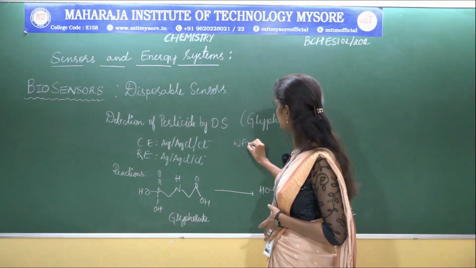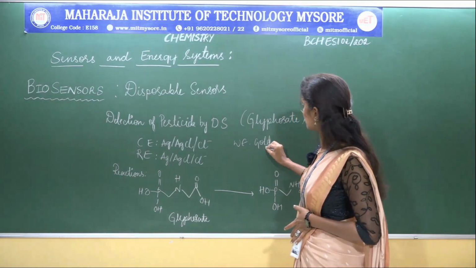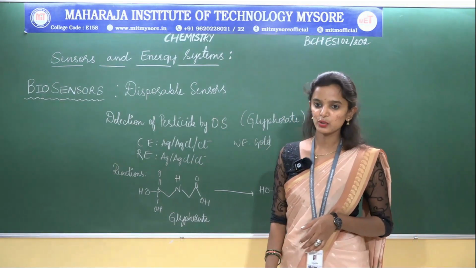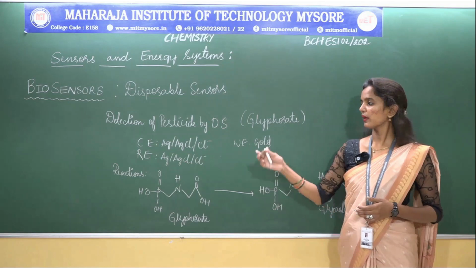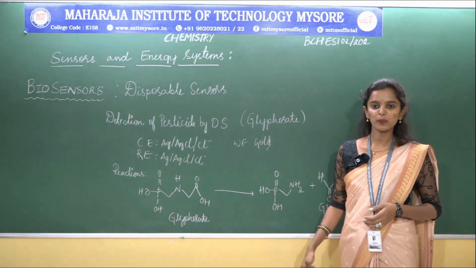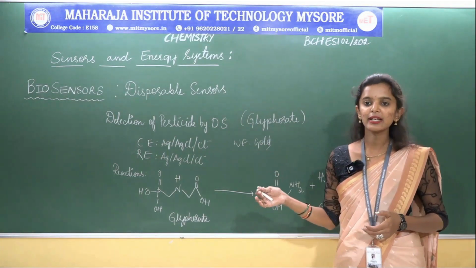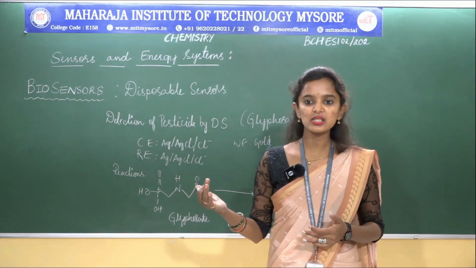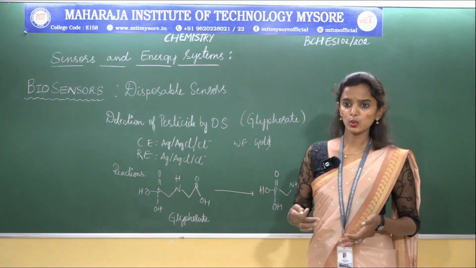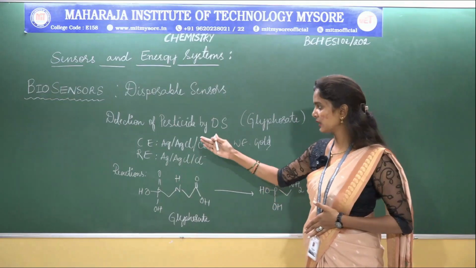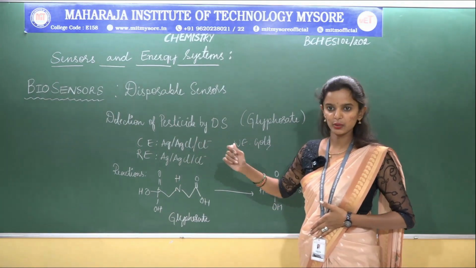We use gold as the working electrode. What happens in the working of the electrochemical sensor in the detection of pesticide is the electrolyte is added to increase the conductivity of the solution, and it also minimizes the resistance between the working electrode and the counter electrode.